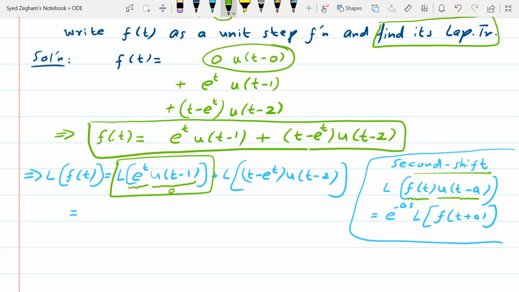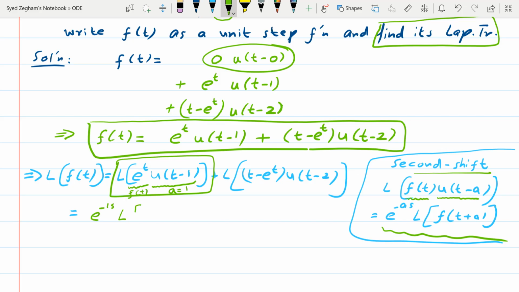So it means that my a is equal to 1, right? And my f(t) is actually the function e to the power t, right? So if I use the second shift property, this should be equal to e to the power minus as, that is a equal to 1. So it will be e to the power minus 1s. You can write it as e^(minus s) directly.